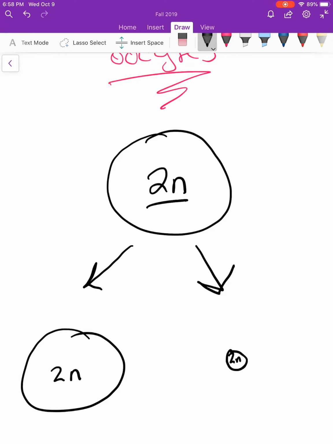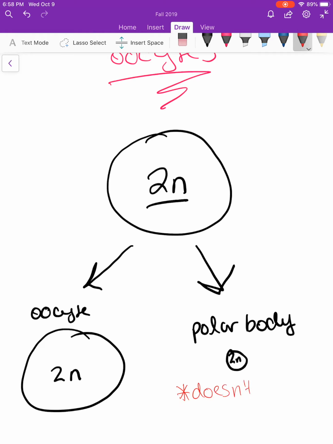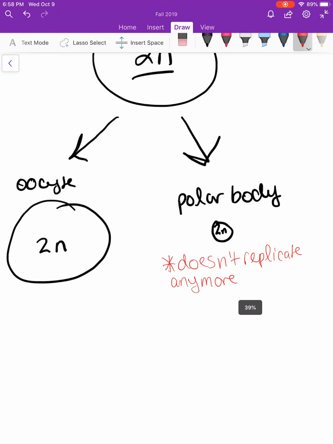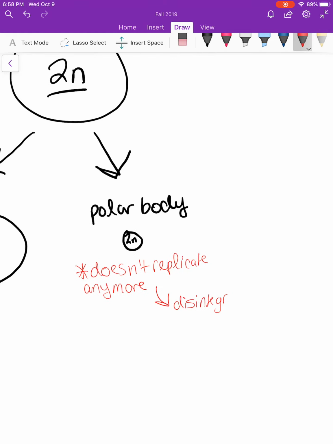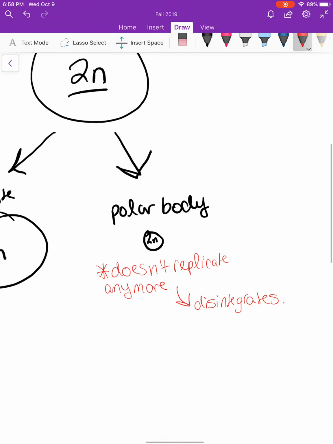They're very different in size. This is the oocyte, and this is a polar body, okay? This polar body does not replicate anymore. Instead, it disintegrates. Okay?